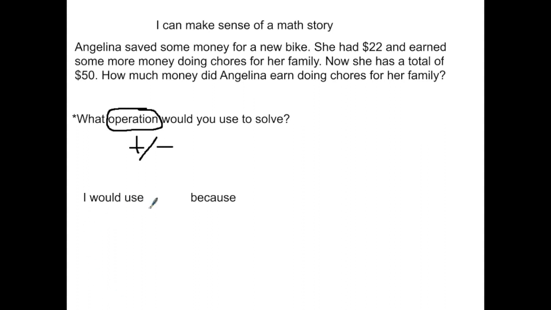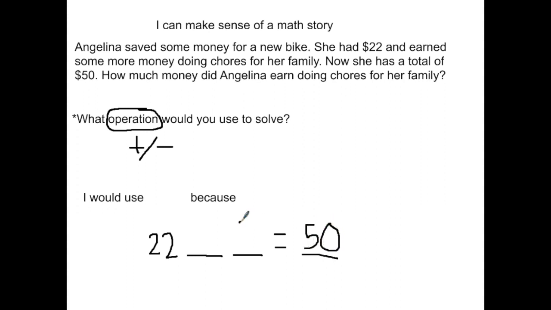I would use blank because blank. Well, would you use addition to solve this math story or subtraction? Or could you use both? I know she has 22 at first, and I know at the end she has 50.